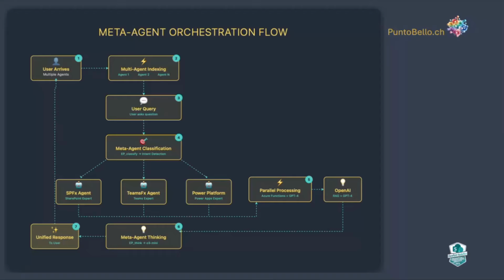Then there is an additional step, which is intent classification, which I implemented, to understand what the aim of the query is and what the meta agent should do when all the separate agent answers have been received. When all the separate answers have been produced, it will hit the backend again with a specific endpoint and do so-called thinking.